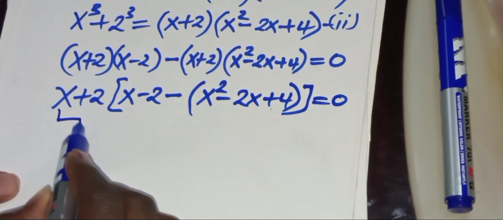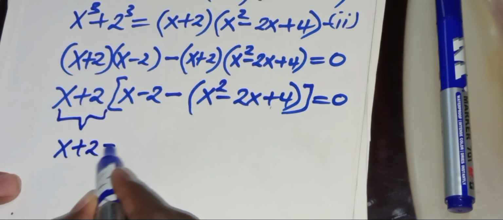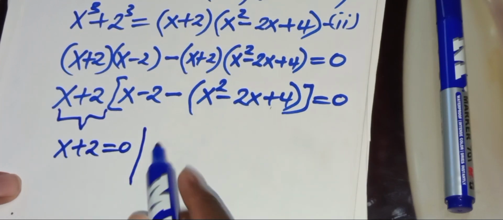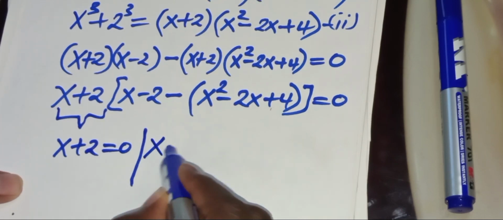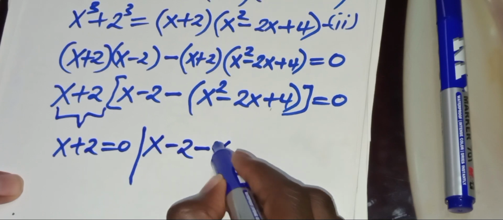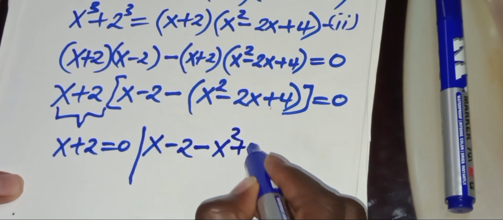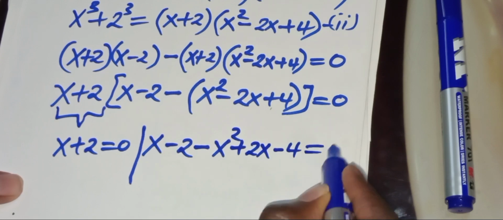This is the first part, which is x plus 2 equal to 0. And the second part is x minus 2 subtract x to power 2 plus 2x minus 4, equal to 0.